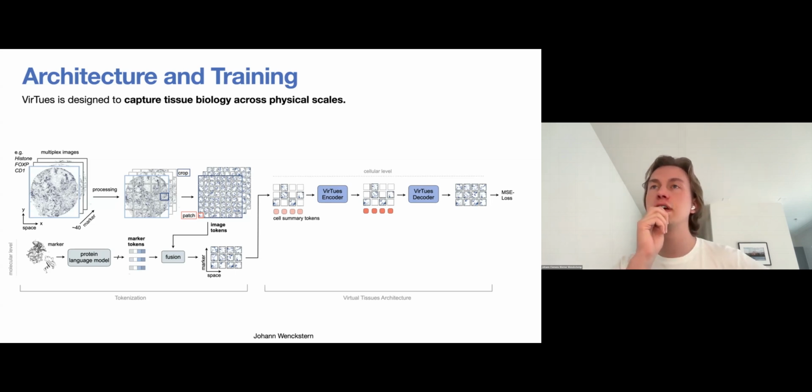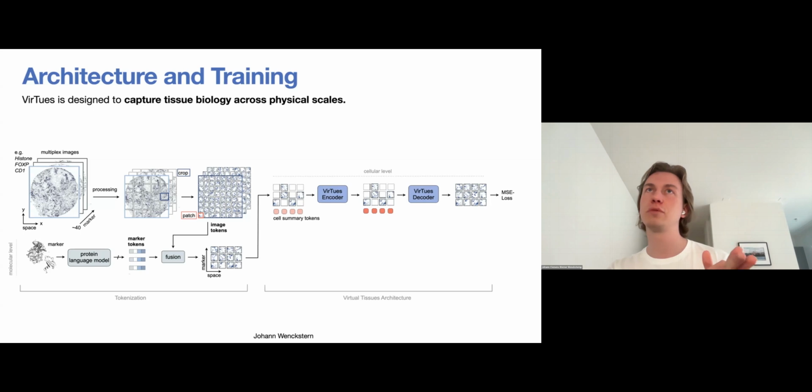What's important to note here is that while we put all the tokens together into the encoder, so the encoder is able to learn correlations between different channels and store whatever it learns and sees into the cell summary tokens, the decoder gets only one channel and the cell summary tokens at a time.